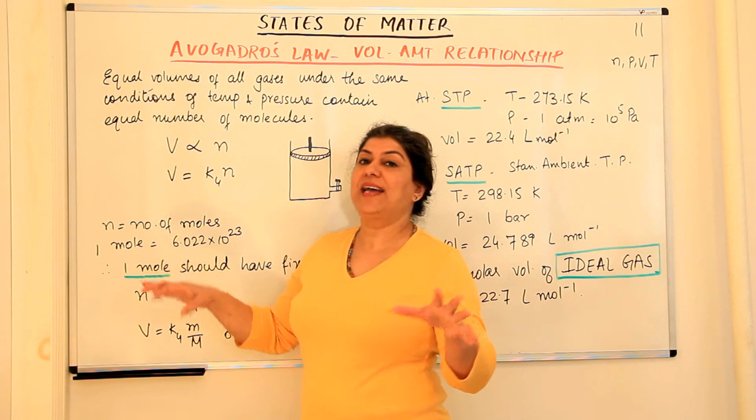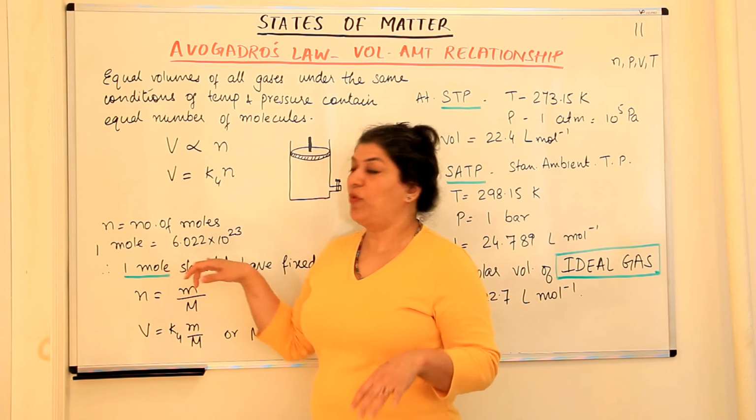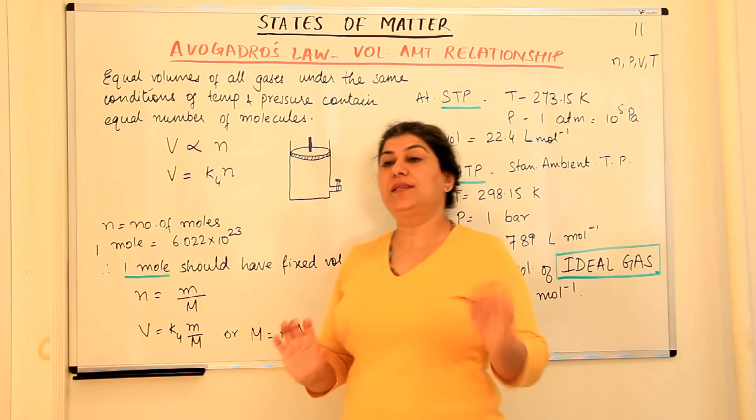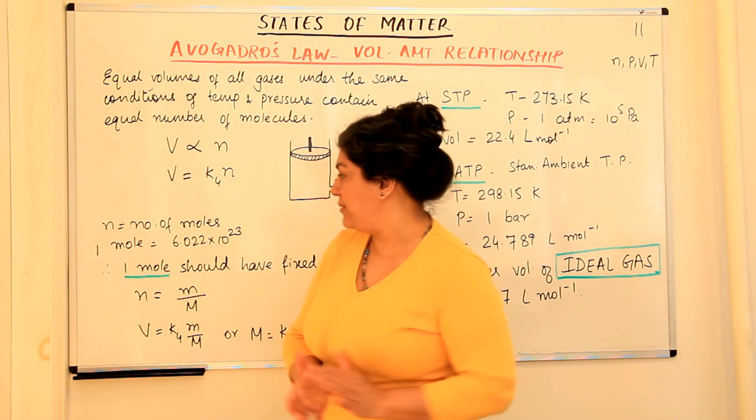So now we believe that anything that has 6.022 × 10^23 particles is 1 mole of that substance.